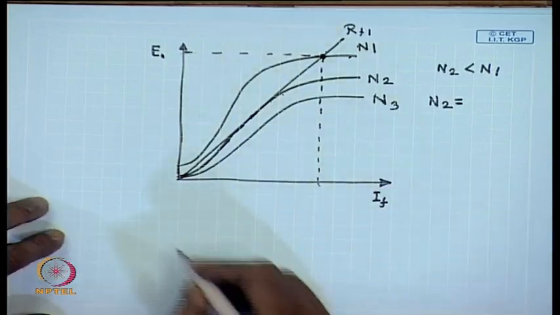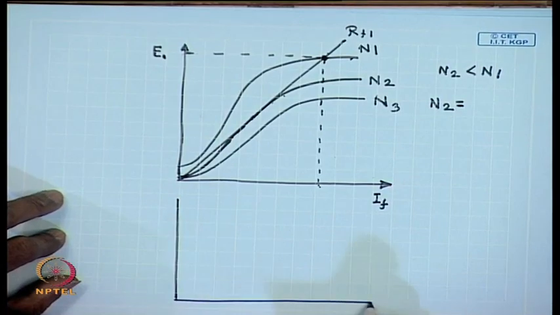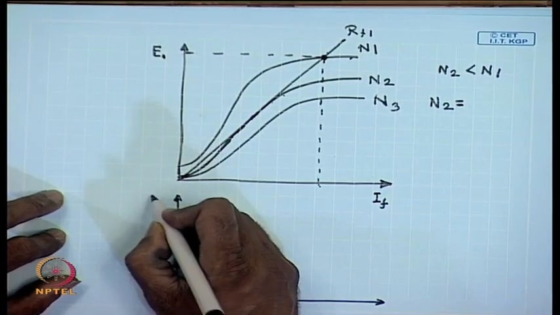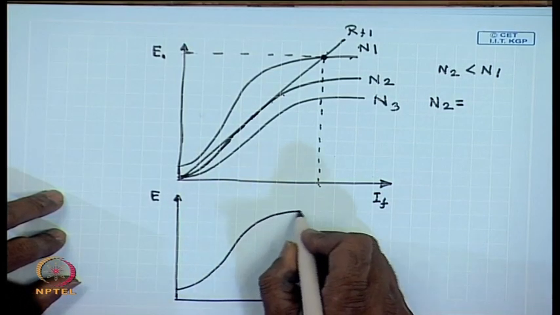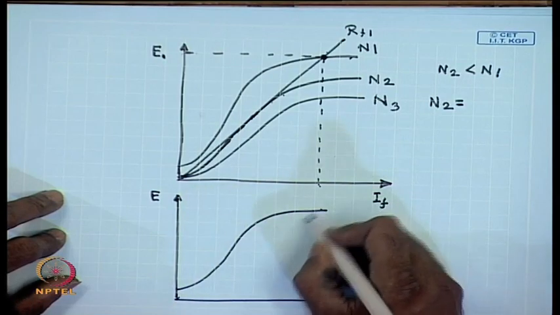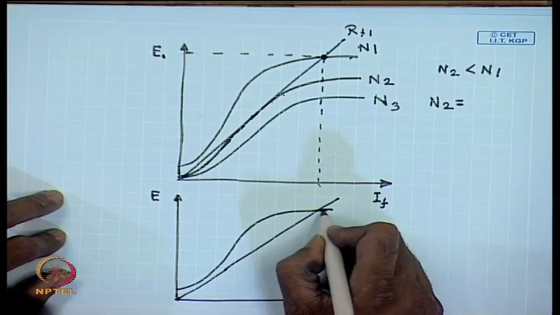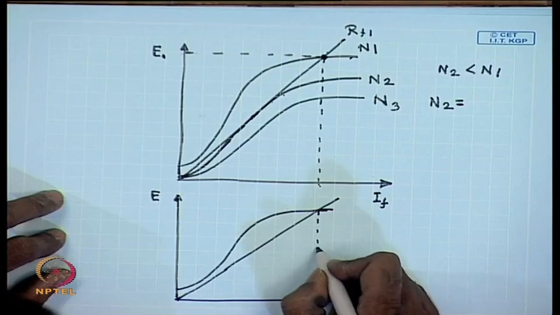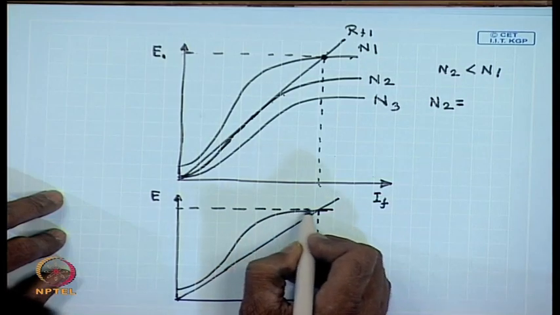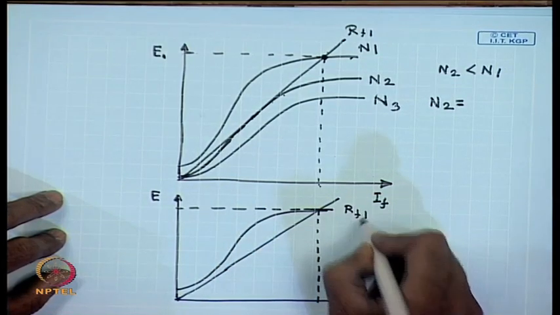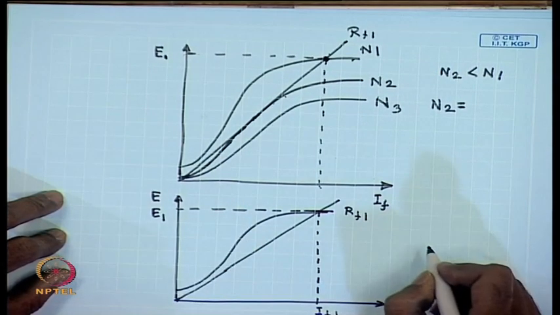It should be understood also that the terminal voltage of the generator at no load can be adjusted by controlling the field resistance. For example, at a given field resistance RF1, the field current is IF1 and the generated no load voltage is E1.